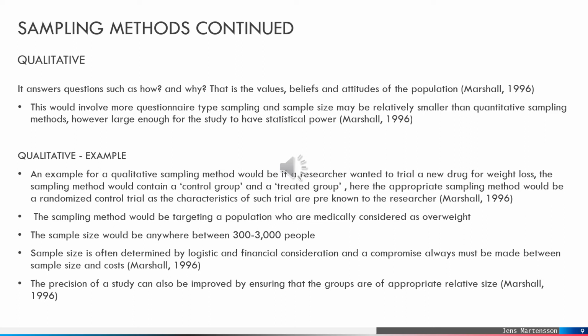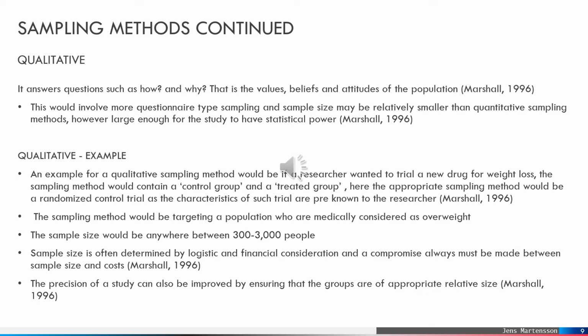Qualitative sampling. An example for a qualitative sampling method would be if a researcher wanted to trial a new drug for weight loss. The sampling method would contain a control group and a treated group. Here, the appropriate sampling method would be a randomized controlled trial, as the characteristics of such trial are pre-known to the researcher.